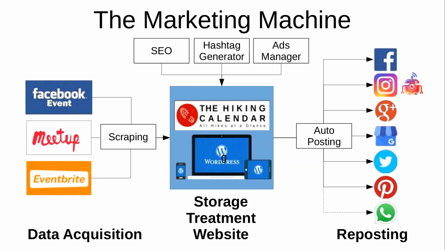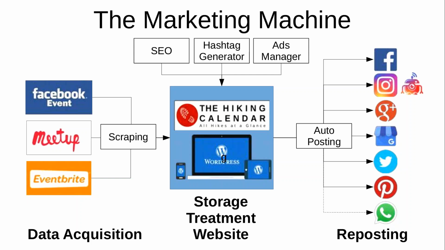These posts will be then treated by 3 plugins. One is an SEO plugin. It means that it will improve the SEO. I'll explain a little bit later what I mean. We also have a hashtag generator. This hashtag generator is semantically analyzing the content of every post, and according to certain keywords, it will generate hashtags.